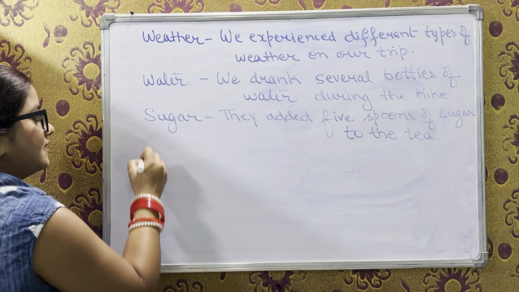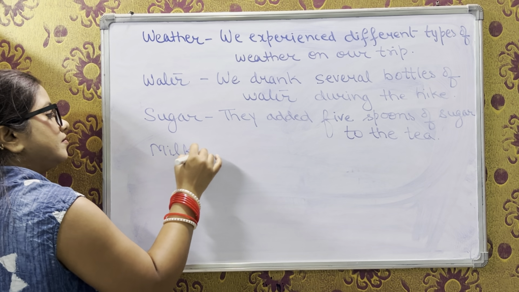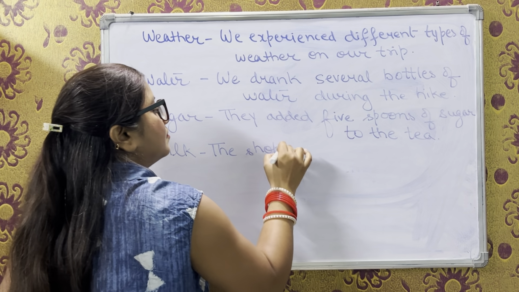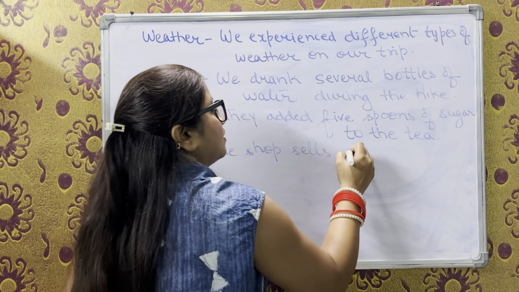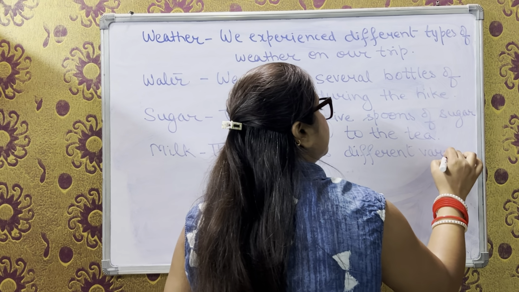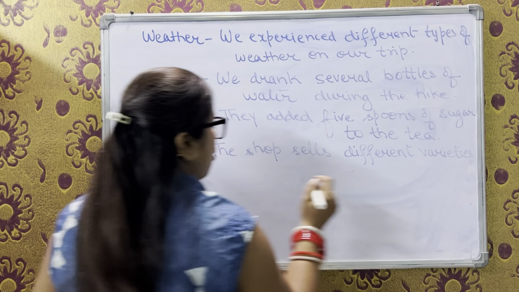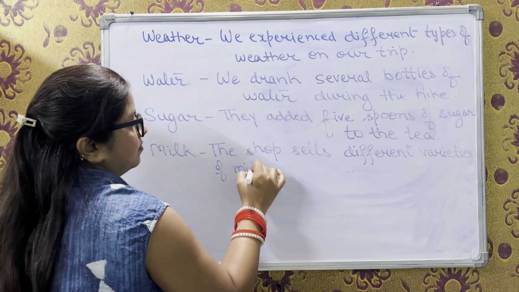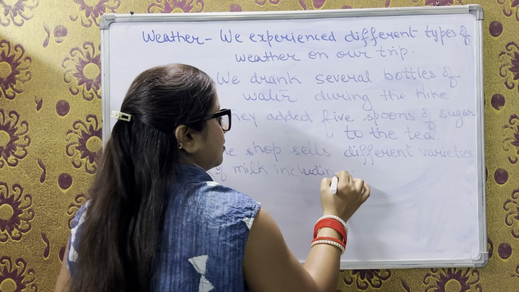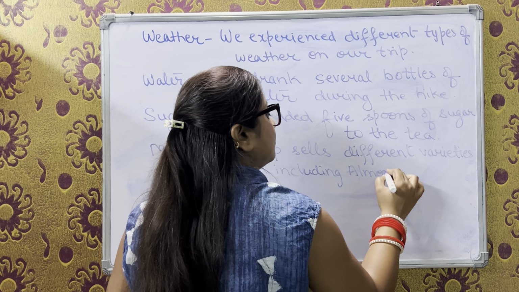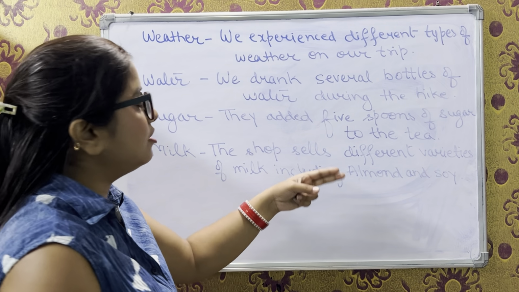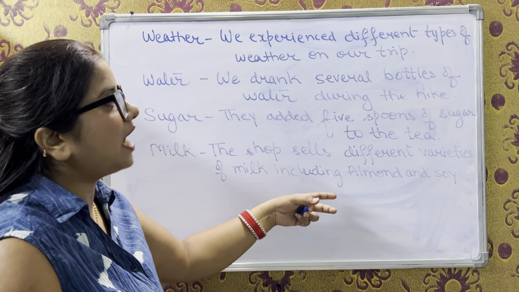The next word is milk. The shop sells different varieties of milk, including almond and soy.